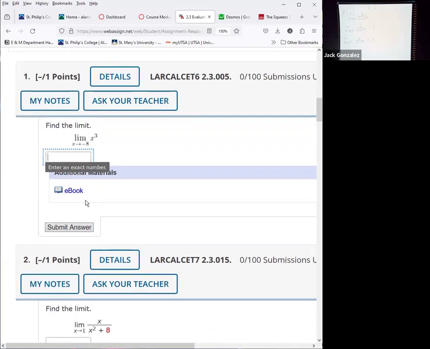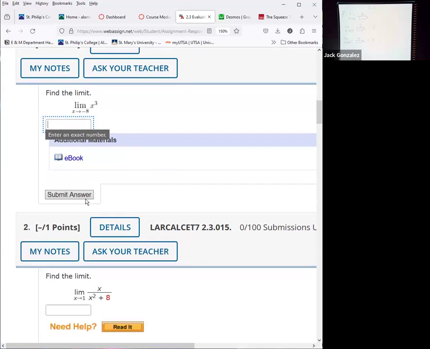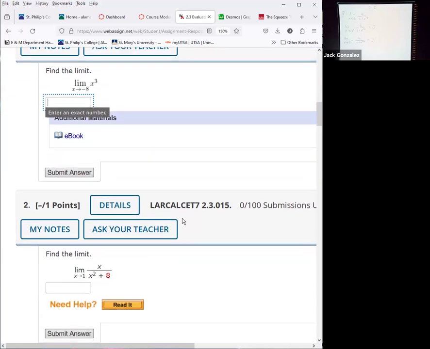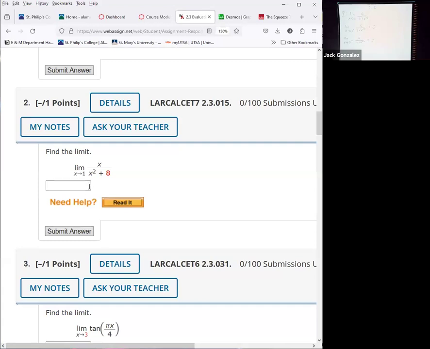The only time that's not true is when you have like weird piecewise functions. They're very strange functions. But just plug it in. Check out this guy. Can I plug in 1 without causing problems? What would you get?